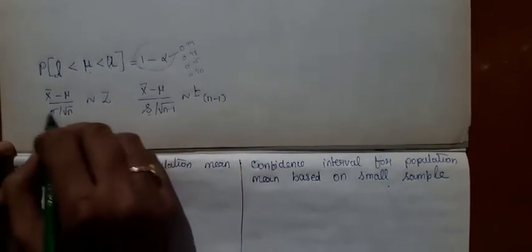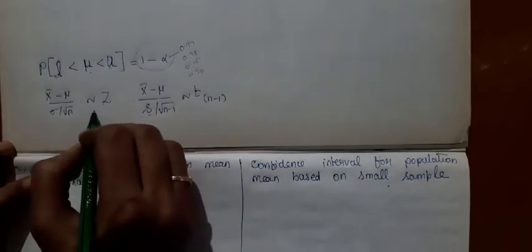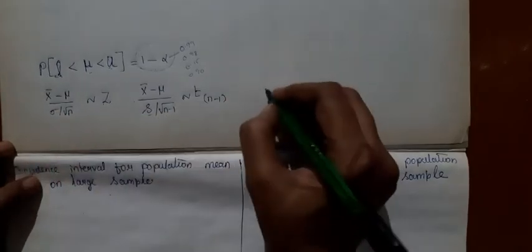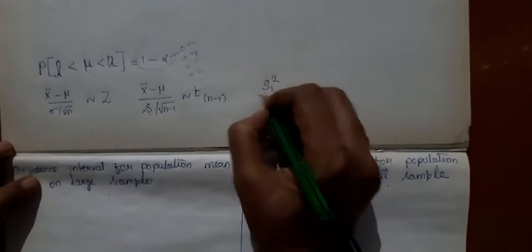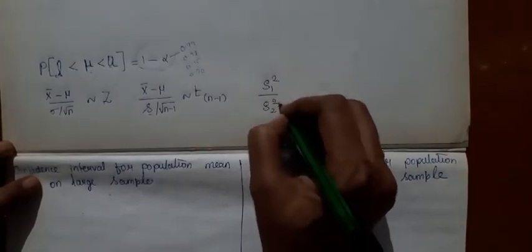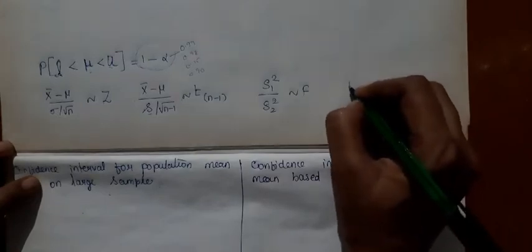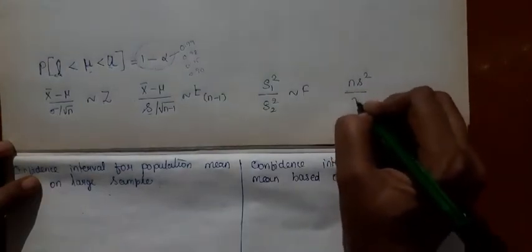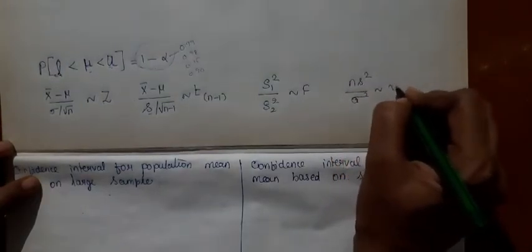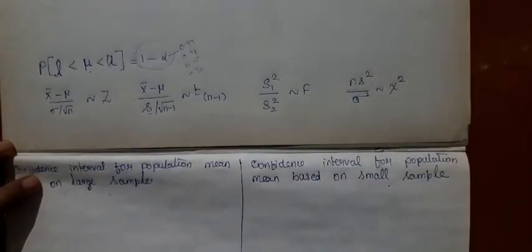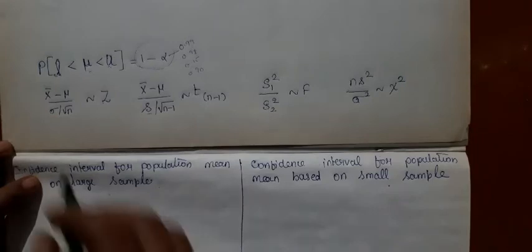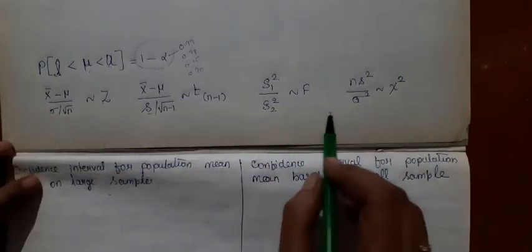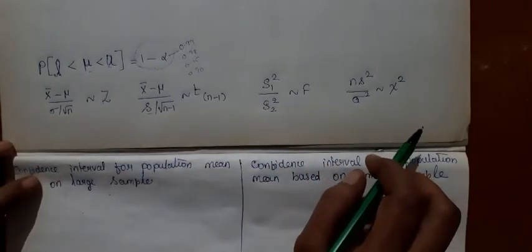So this follows z distribution when the sample size is large. The condition is important. S1 square by S2 square follows F distribution when the sample size is small. n s square by sigma square follows chi-square distribution when the sample size is small. So these are some of the standard sampling distributions which we know.